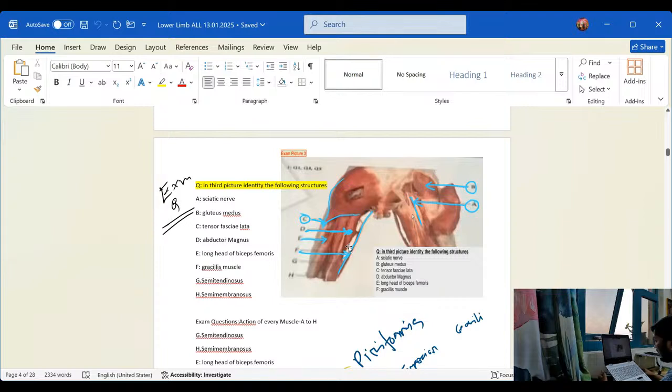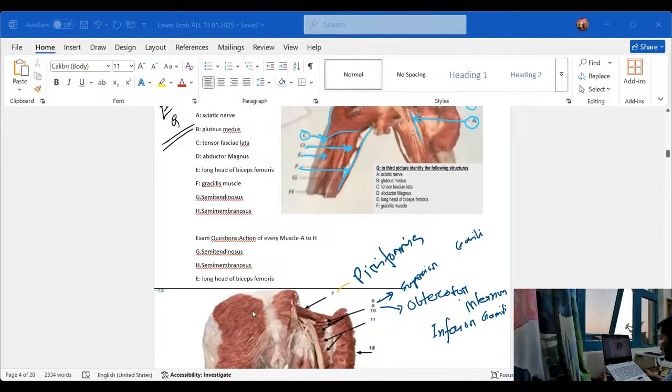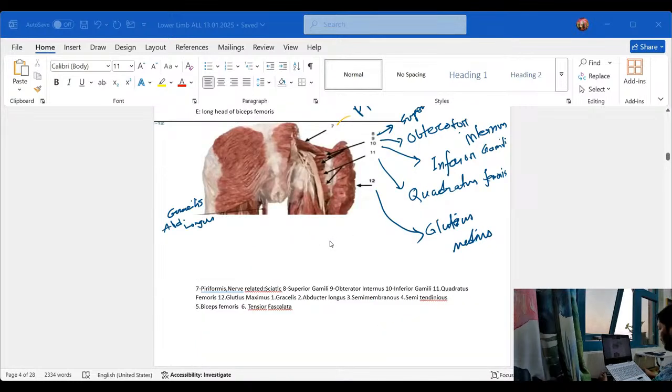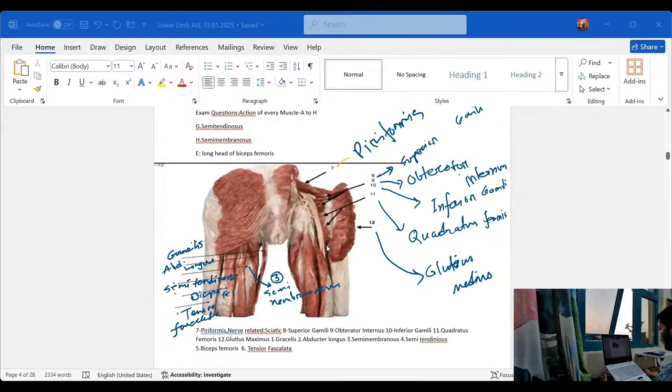F gracilis. G semitendinosus, H semimembranosus. Yes, this is important, this picture.